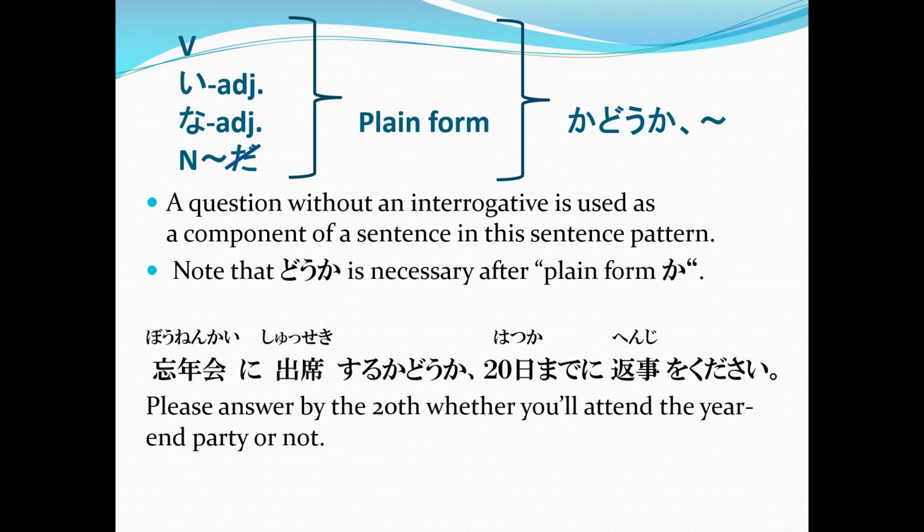Do you understand what a plain form then kadoka means? Yes, it is like choosing between yes or no. Are you gonna attend or not? Wakarimashita minasan?